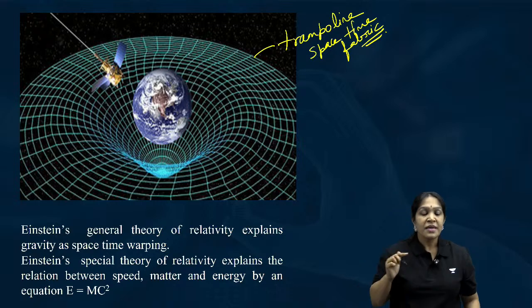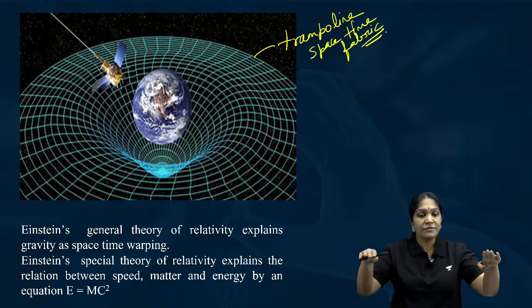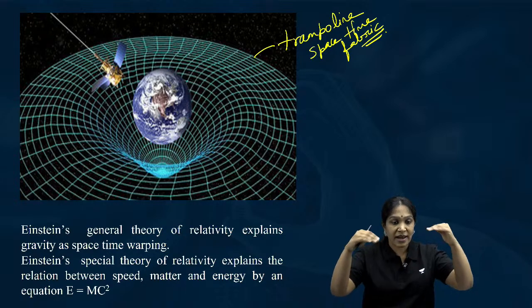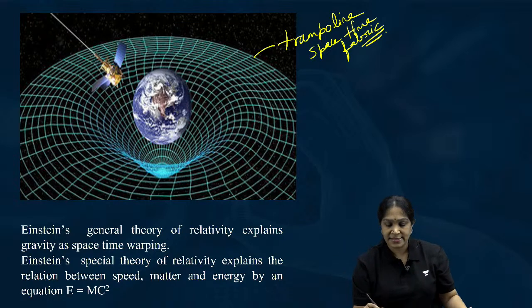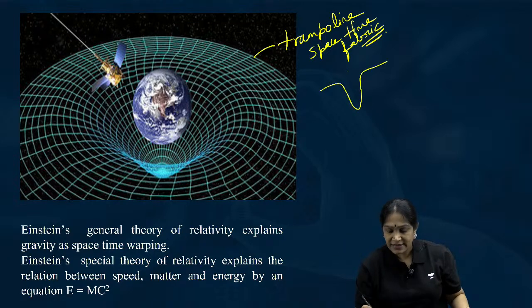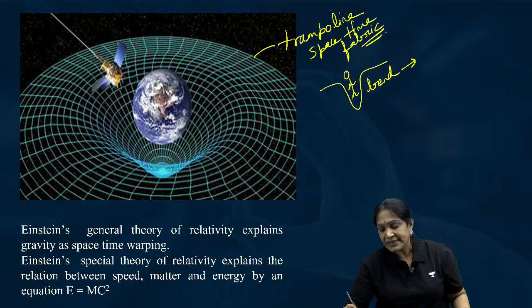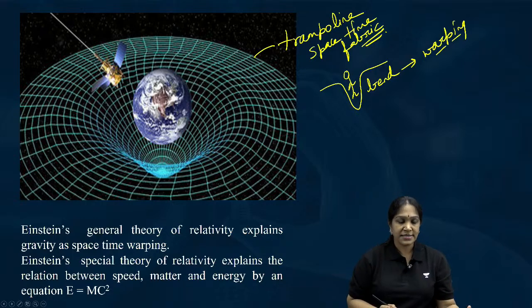When you stand on the trampoline, what happens to the trampoline? The trampoline will be bent like this. At the place where you stand, the trampoline will be bent. That bending is called warping, not wrapping. Is it clear?